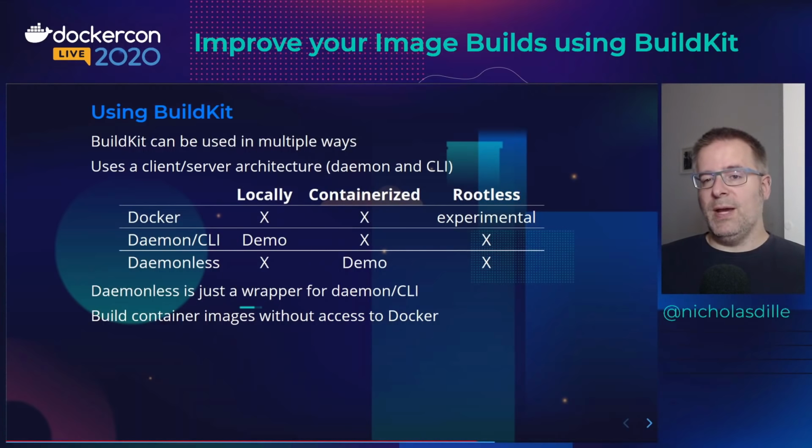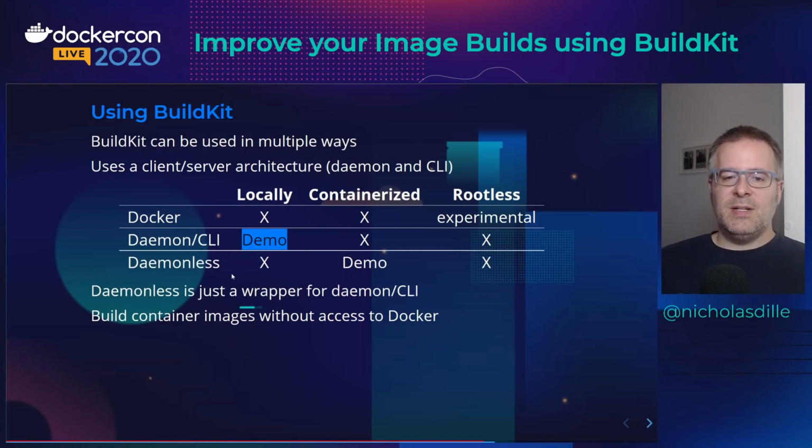So it's a way of mitigating the security concerns in a containerized Docker daemon. But what I'll show you is how to use the BuildKit daemon and the CLI locally without Docker. And I'll quickly demonstrate the Daemonless variant.